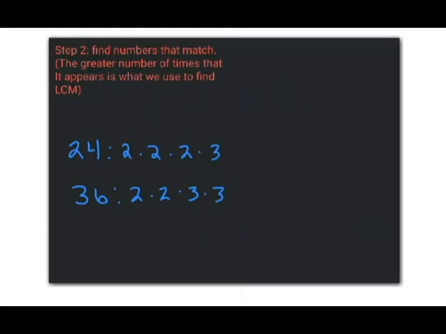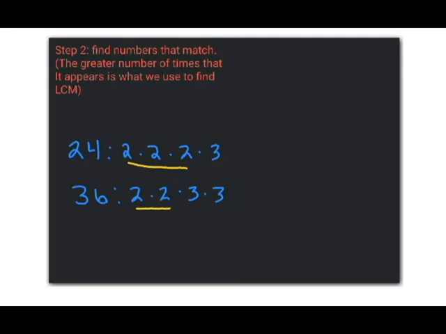Step 2. Find numbers that match. I wrote 24 and 36 with their prime numbers written out next to them so we can see the numbers clearly. Step 2, like I said, was find numbers that match. If you notice, the 2's match in 24 and in 36.